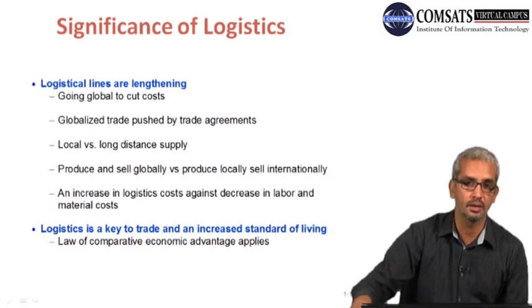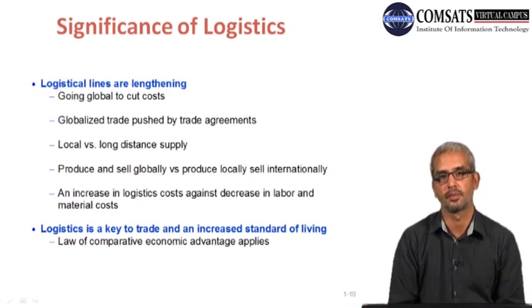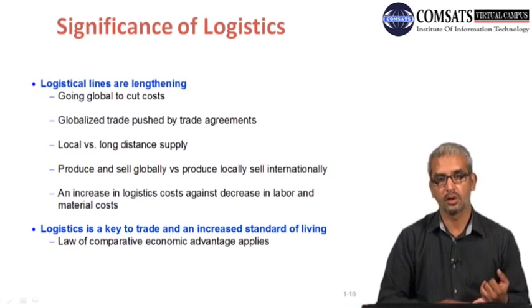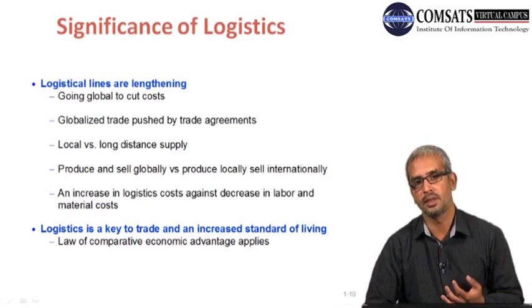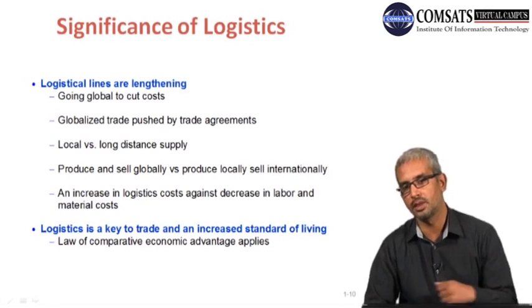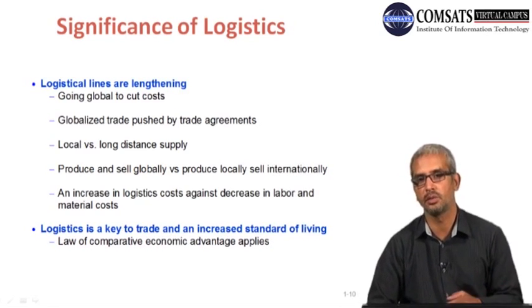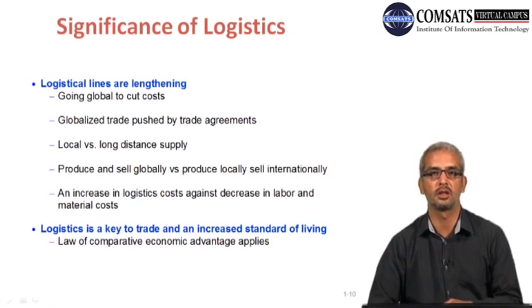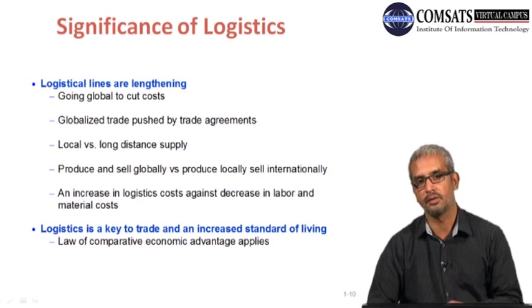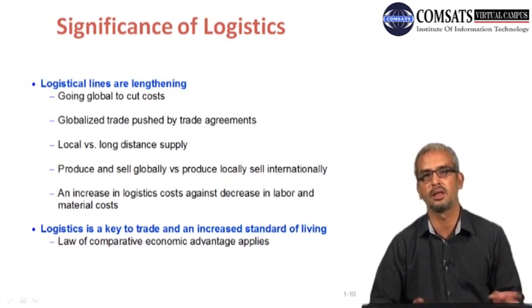Now, another reason for going global is to cut costs. You go closer to the raw material source. If raw material is cheaper in a certain country and it is cheaper to produce over there rather than to import the raw material and then produce, the production facility would be shifted to that region. There is another important factor of production, which is labor. Wherever the labor is skilled and cheap, and it depends on the industry whether they need unskilled or skilled labor.